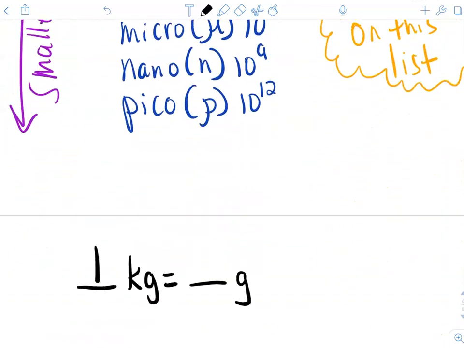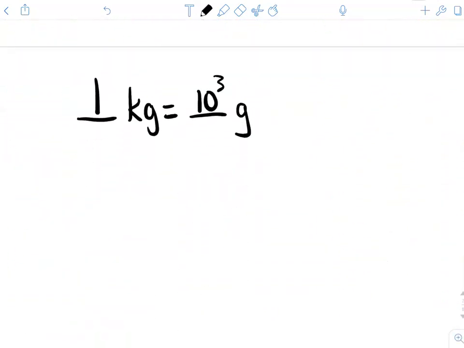So that means that this 10 to the third goes with the gram. Because what we are saying is that 1 kilogram is the same thing as 10 to the third or 1,000 grams. Because if you remember what we talked about with SI units, that prefix kilo means that you are 1,000 times larger than that unit it precedes, in this case the gram.